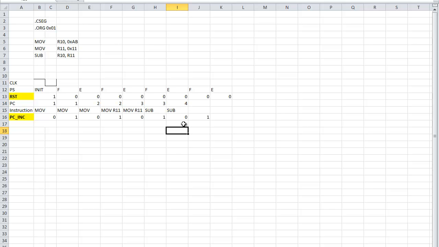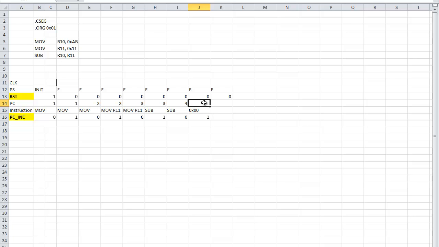And I execute the sub, and then the PC is 4. In my next fetch, I'm going to get the instruction that's at address 4. Well, nothing is at address 4, so I'm just going to get zeros because I didn't put anything else in memory, so nothing else is going to come up. It's just going to go to address 4 and get zeros.